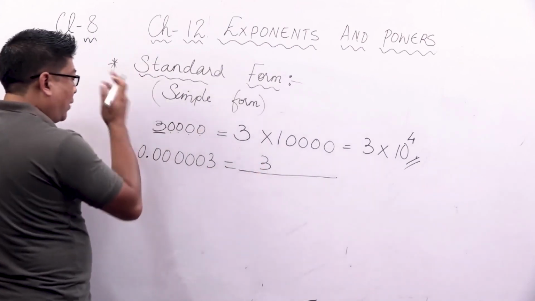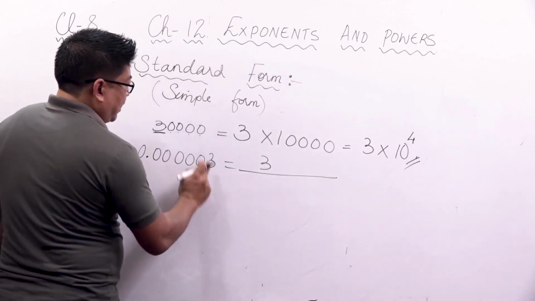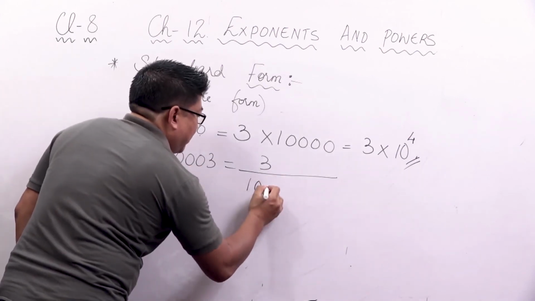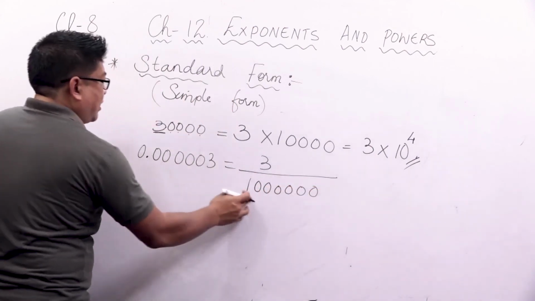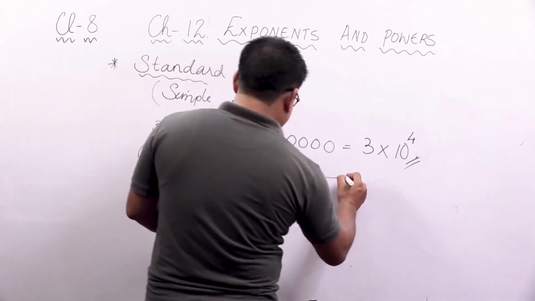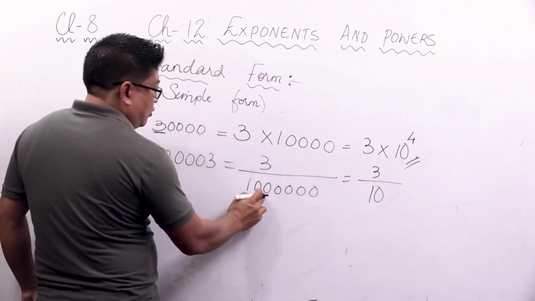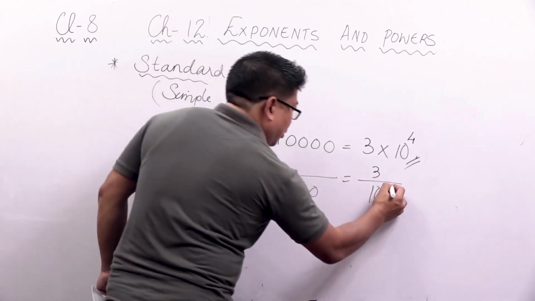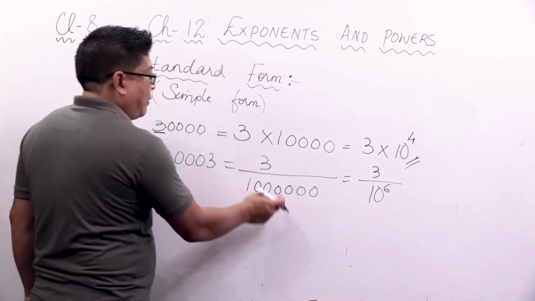Okay? So what happens? 1, 2, 3, 4, 5, 6. So I will put divide by 1 with 6 zeros because 6 places. Okay? And this I can write as 3 by 10 to the power 6, because the number of zeros is 6.